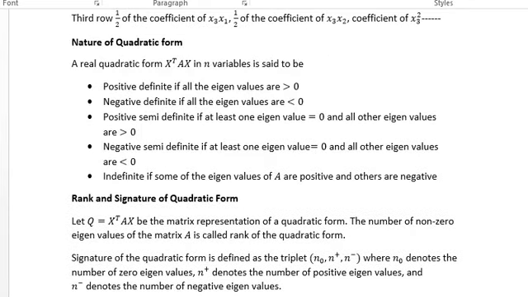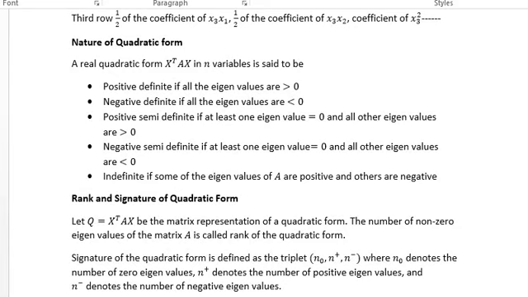A real quadratic form x transpose A x in n variables is said to be positive definite if all the eigenvalues are greater than 0. It is said to be negative definite if all the eigenvalues are less than 0.